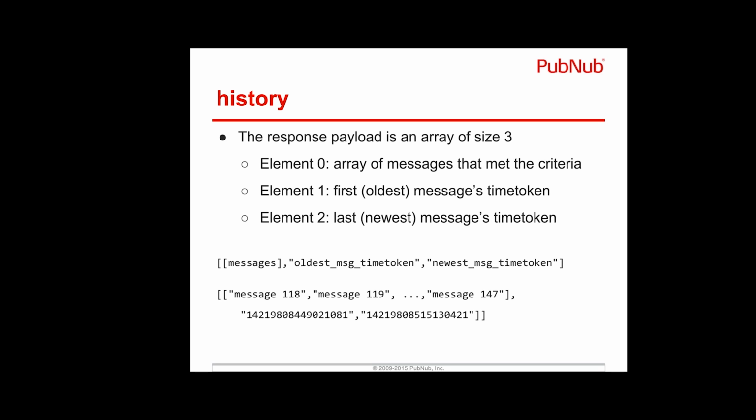And just to give you a little bit more in-depth look at what's actually returned, the response payload that's sent back to your application is going to be an array of three different elements. The zero element is a list of the messages that met your criteria. Element number one, or the second element in the array, is the oldest time token associated with those messages. And element number two is the newest time token.